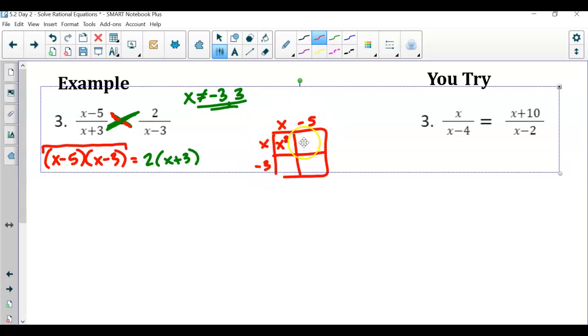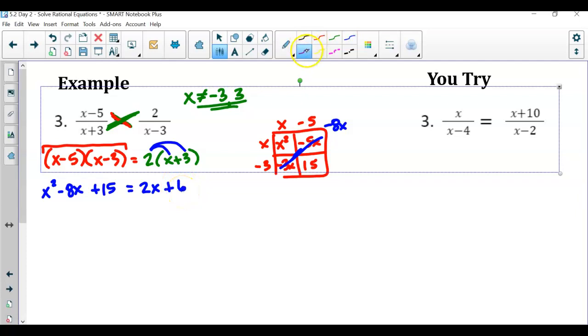So here, x squared, negative 5x, negative 3x, and positive 15. When you combine like terms, here, negative 3x plus 5x is negative 8x. So now here I've got x squared minus 8x plus 15. That is equal to, now that's just 2 being distributed, 2x plus 6.